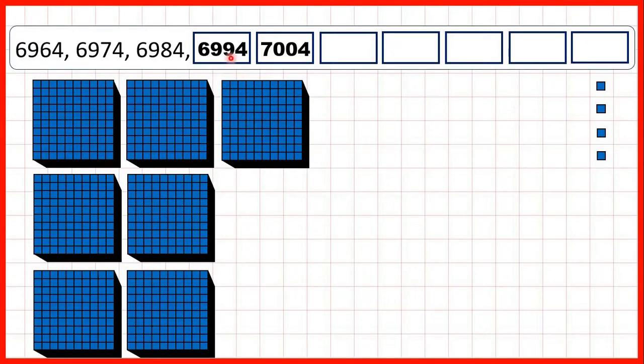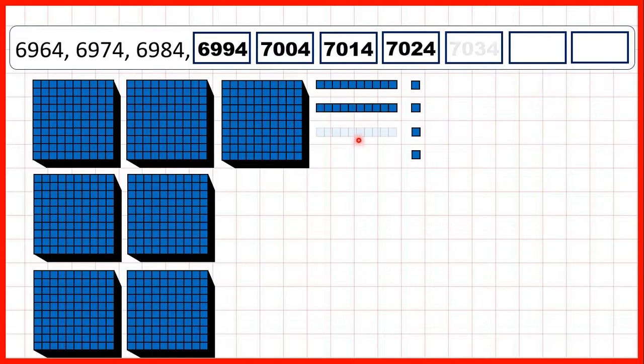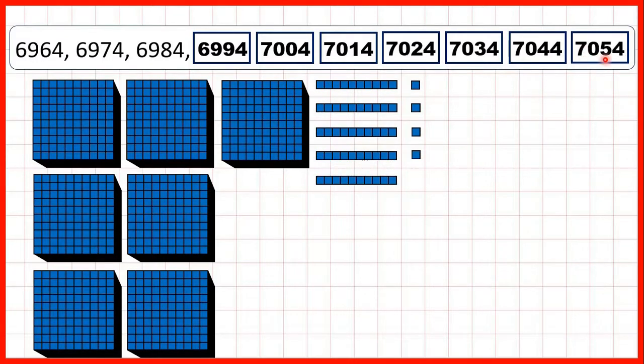So, because we've added 10, we now have no tens, no hundreds, but we've made 1 extra 1,000 because we've exchanged. And of course the ones digit, as always when we're adding tens, stays the same. Then we can keep on counting in tens until we get to 7,054. So that's 7 thousands, no hundreds, 5 tens, and 4 ones.